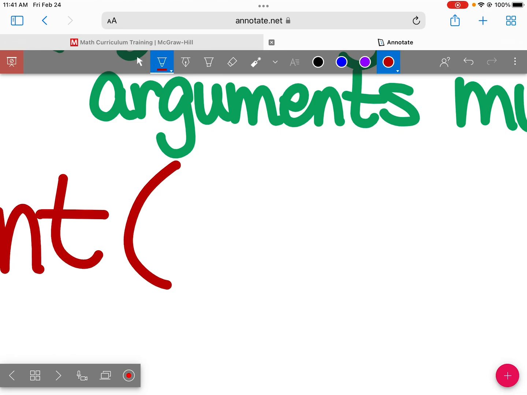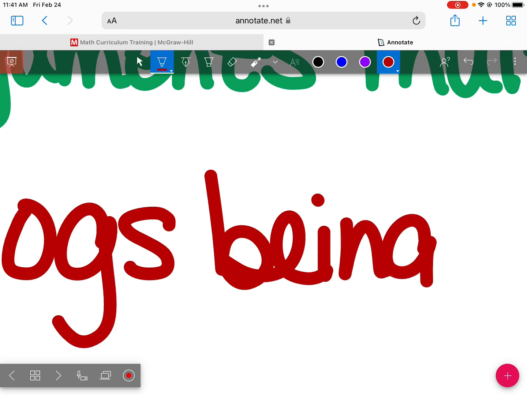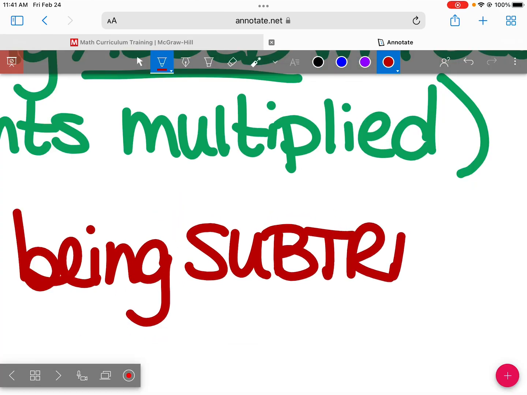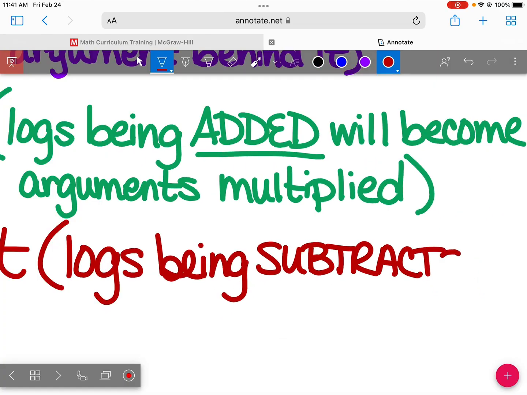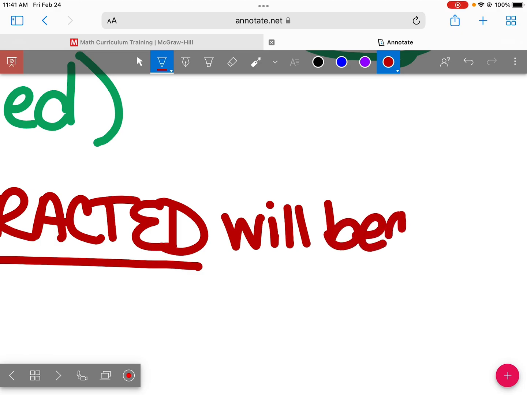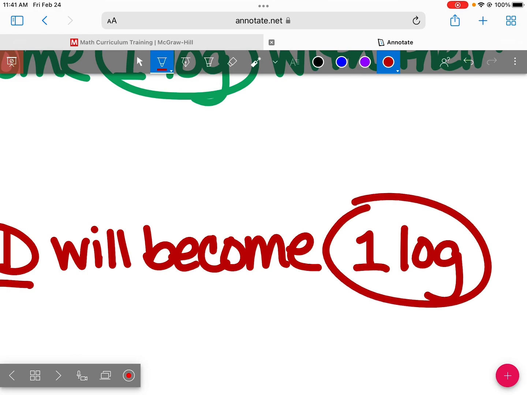So any logs that are being subtracted will become one log with their arguments being divided.